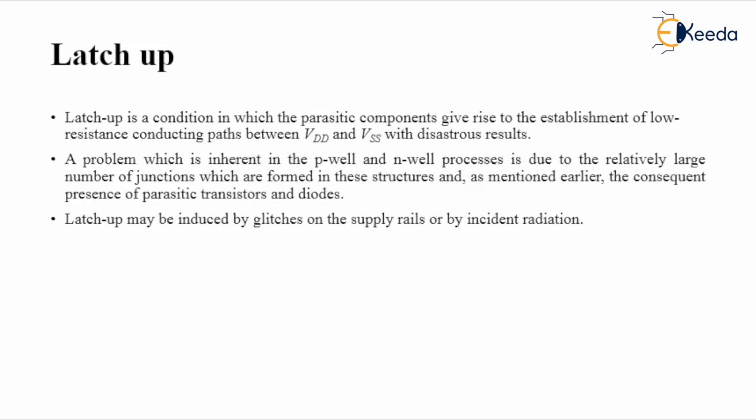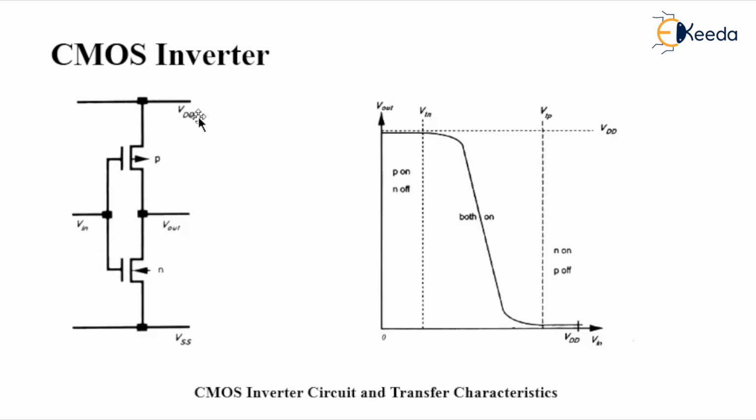Latch up is a condition in which the parasitic components give rise to the establishment of a low resistance conducting path between VDD as well as VSS with disastrous results. So what is VDD and what is VSS? These are both supply rails. If you see this picture, the biasing voltage is VDD and the ground potential is VSS. These are the two supply rails, and between these two supply rails we are drawing the circuit.